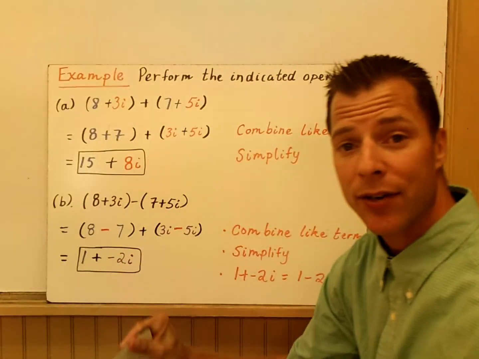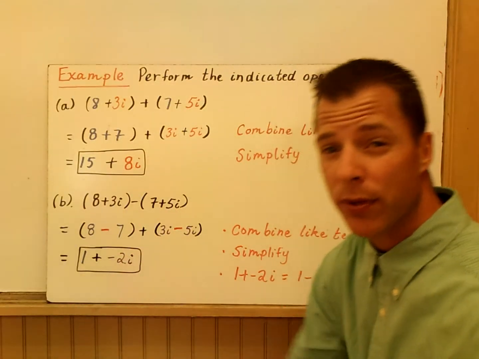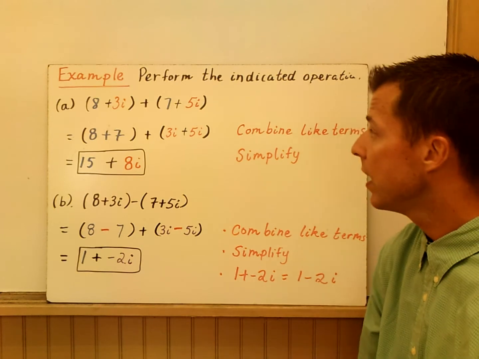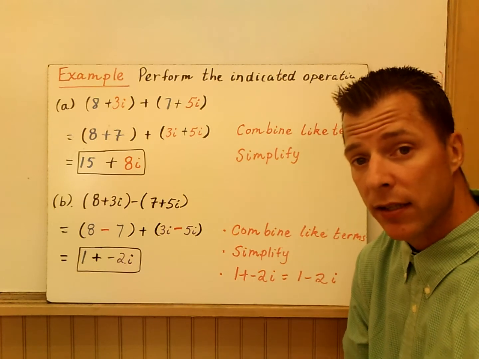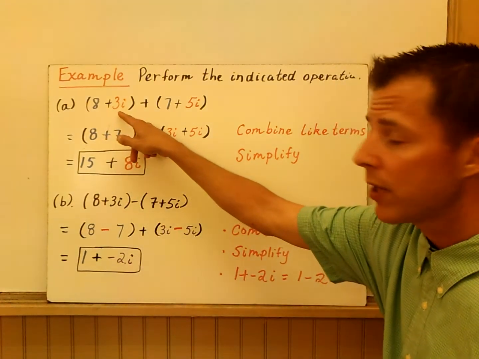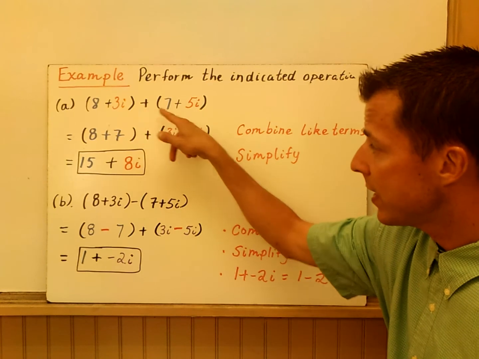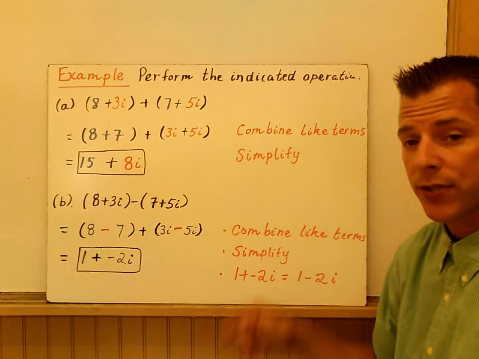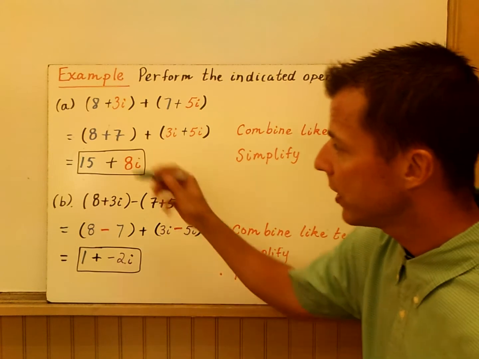So how do we add, subtract, or multiply these complex numbers? Well, if you can combine like terms, then you can add and subtract complex numbers. So in the first example here, I have 8 plus 3i, and you're adding to that 7 plus 5i. And here, we're just going to combine like terms. When we combine like terms, we're looking at the real part.